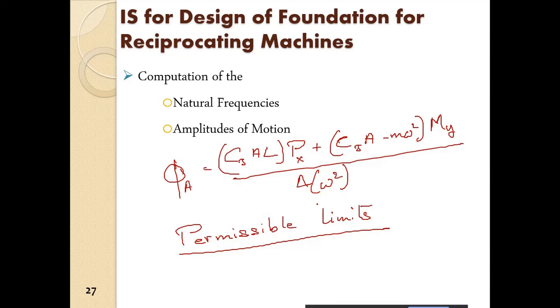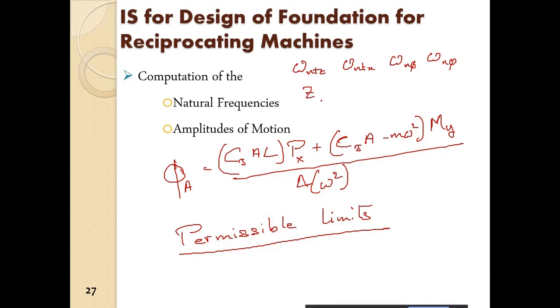Okay, so this part is easy. We obtain the natural frequencies in translation and rotation, omega n and psi. So these are the natural frequencies. Similarly, we have the amplitude of motion.